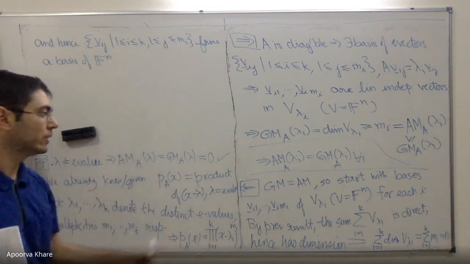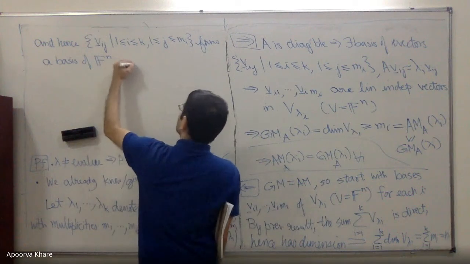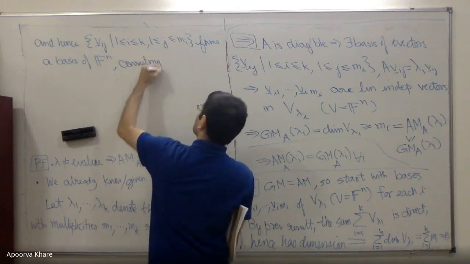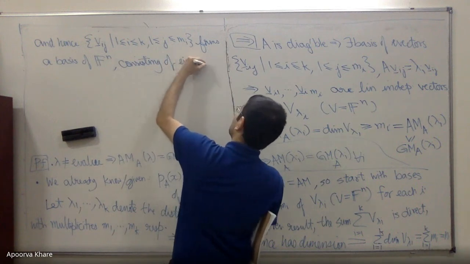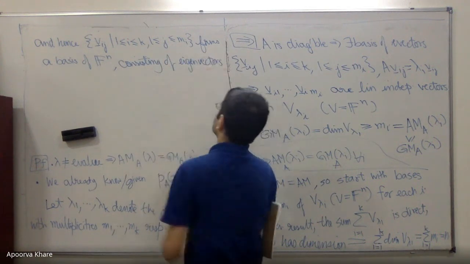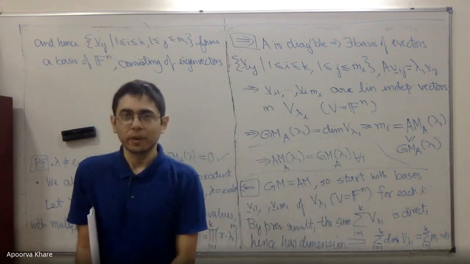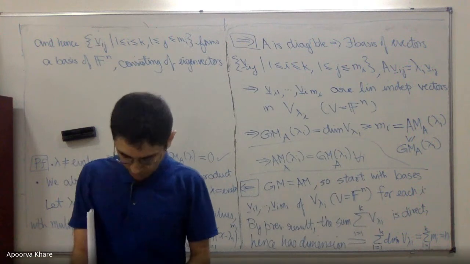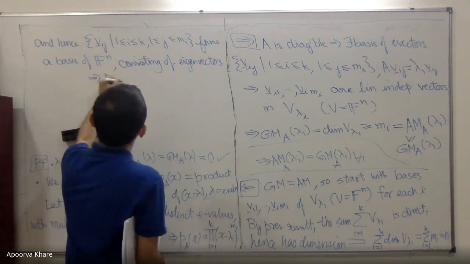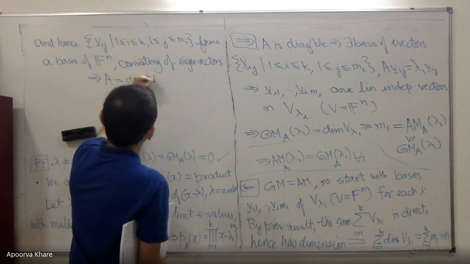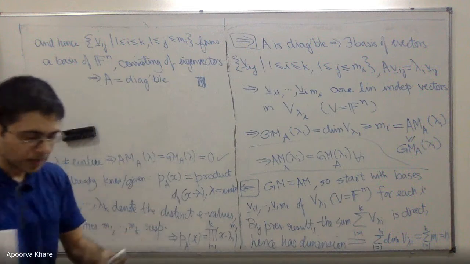But also remember, these are in the eigenspaces, so they all consist of eigenvectors. Consisting of eigenvectors, and so I'm done. A matrix is diagonalizable if it has a basis consisting of eigenvectors. Okay, so that is that.